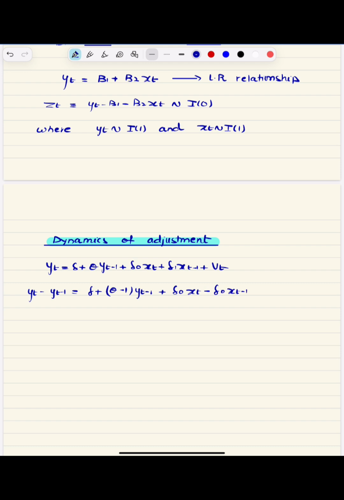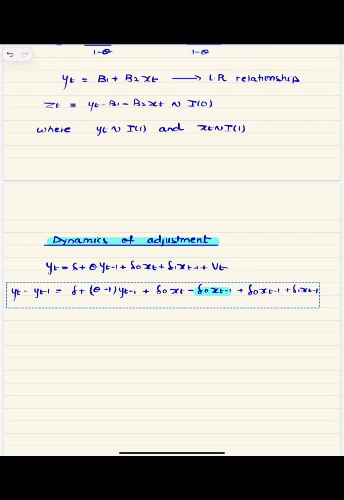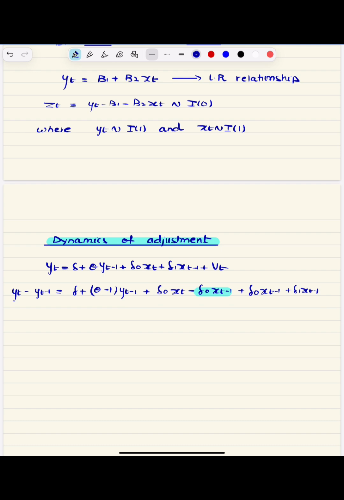But I can't just randomly subtract something, as that will ruin the equality. If I'm subtracting something, I'll have to add it as well, plus delta 1 xt minus 1 plus the error, which in this question is vt.